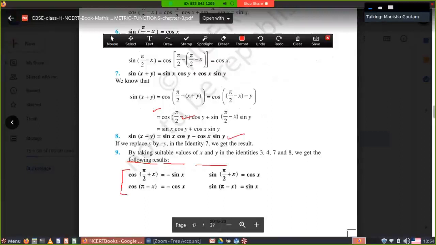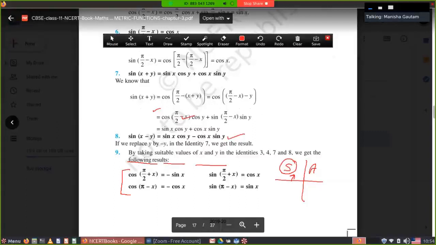Again here, cos of 90 plus x means we are talking about the second quadrant. In the second quadrant, only sine and cosecant are positive. Others are negative. It means cos of 90 plus x will be minus sin x. And in cos of 180 minus x, 180 minus x is again in the second quadrant, so it is minus cos x.